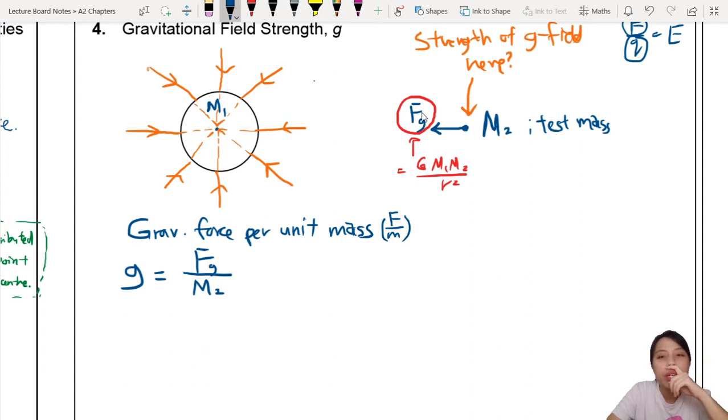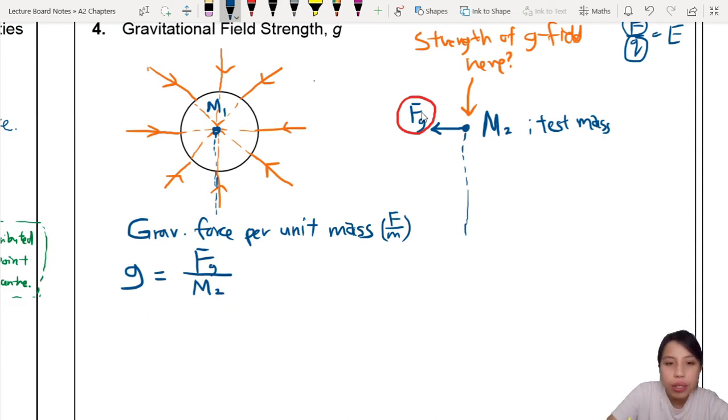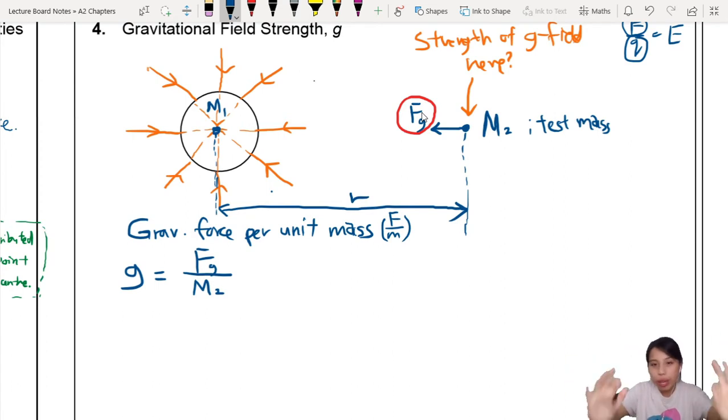r here we're going to define as the distance between the center of this sphere and this test mass right here. So let's say I draw a line down, and I need some space. Let's call this whole distance h, or r, never mind, let's call it r here. r, the separation distance between two masses.